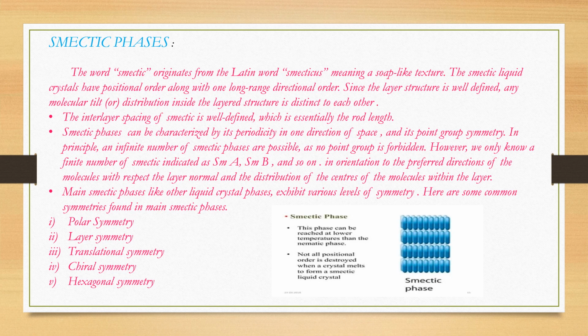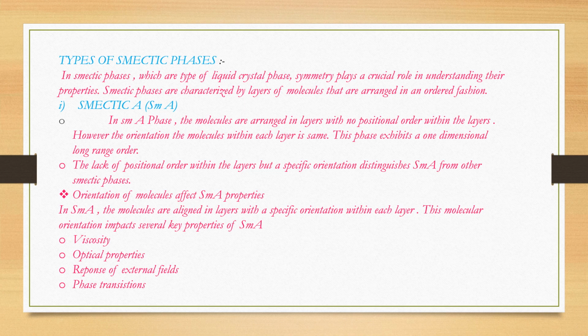Chirality can also play a role in smectic phases, leading to chiral smectic phases with specific twisting patterns. Now it's hexagonal symmetry. Some smectic phases exhibit hexagonal symmetry within the layers, where the molecules arrange themselves hexagonally. This is the small topic about the symmetries of smectic phases.